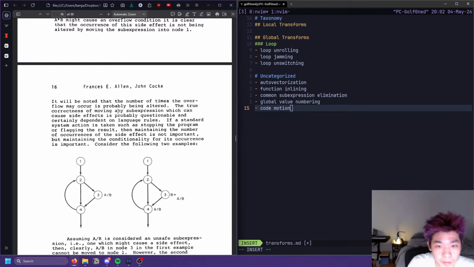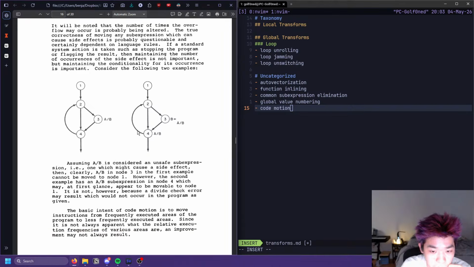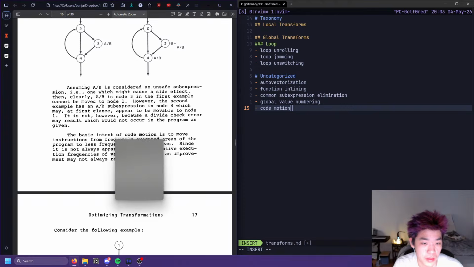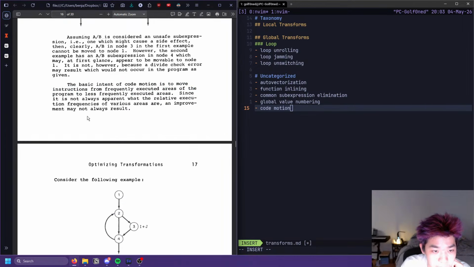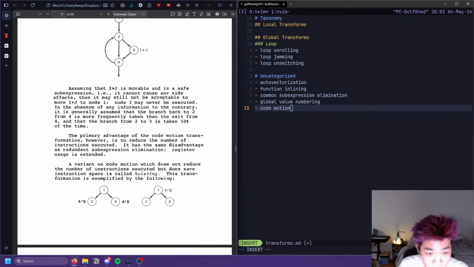Okay, we don't care too much about the semantics here. Yeah, so we just make it execute less, which is good, I guess, generally. An improvement may not always result. This is the source of much evil. Okay, and that's an example, sure, okay.